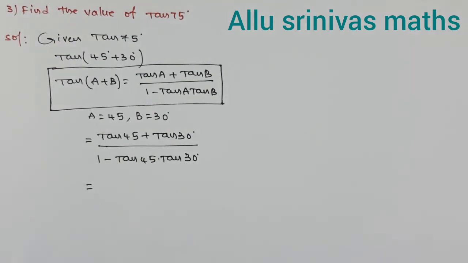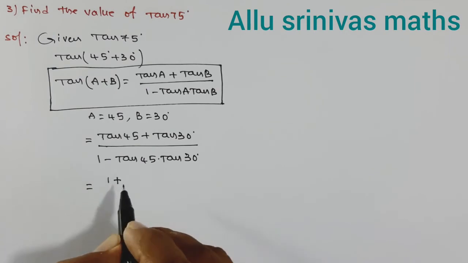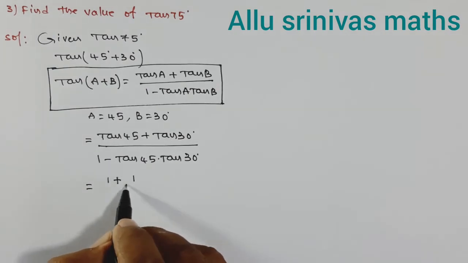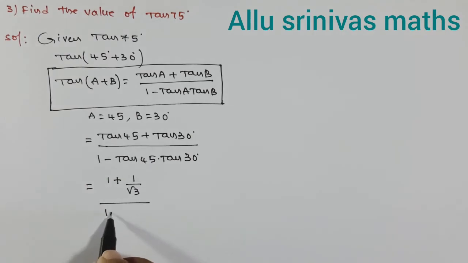The value of tan 45 is 1, plus the value of tan 30 degrees is 1 by root 3, divided by 1 minus 1 into 1 by root 3, which is 1 by root 3.